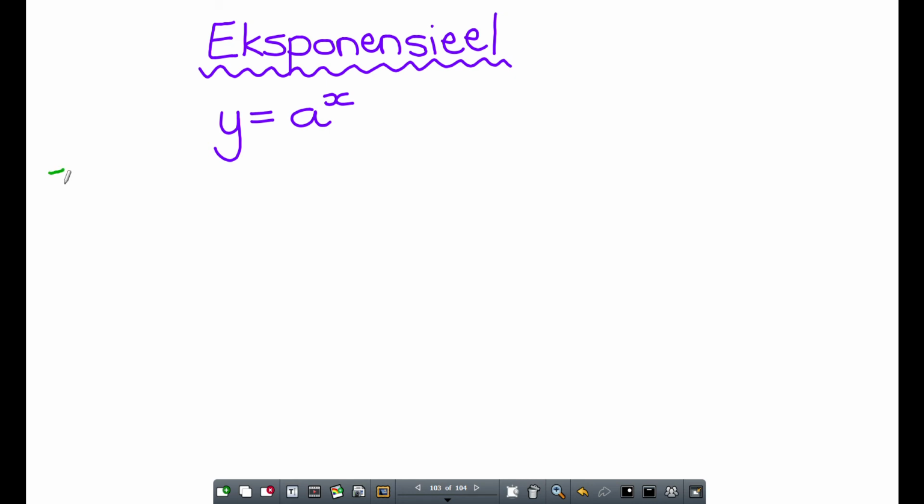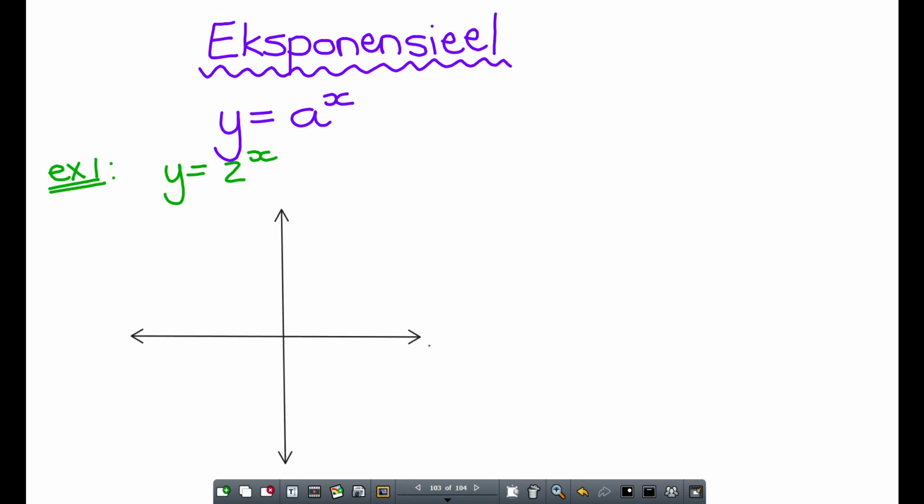Right, so example 1. I want you to draw y is equal to 2 to the power of x. Okay. Now first things first, ek gaan my x-as en my y-as hê. Okay, nou, jy het nou min of meer gesien hoe lyk 'n eksponensiële grafiek.